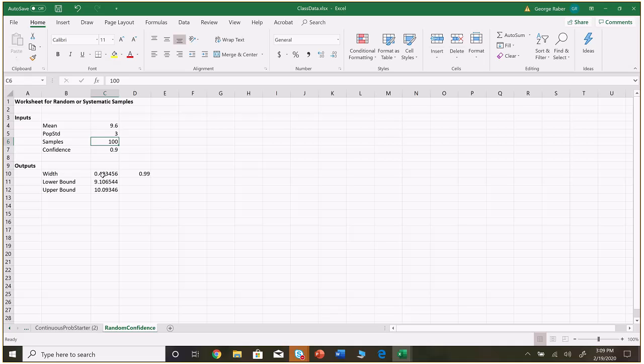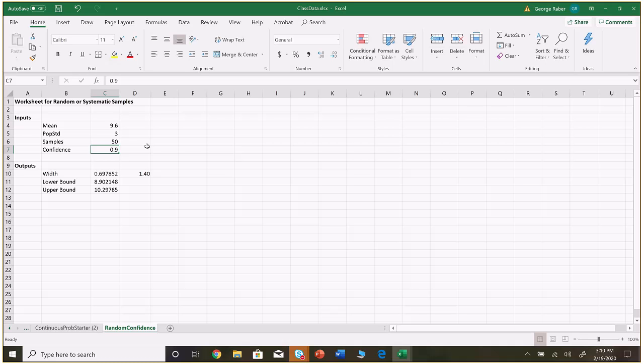So the interval is only 1 now. So if I change this back to 50, see how it went back? It got larger. So the number of samples that I take is going to give me a narrower confidence interval given the same confidence.